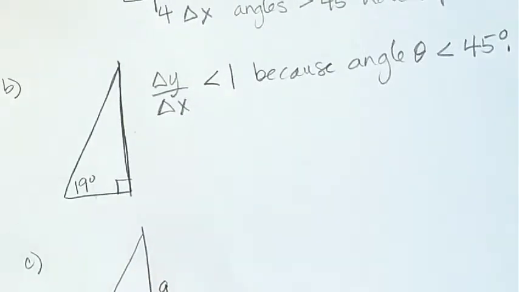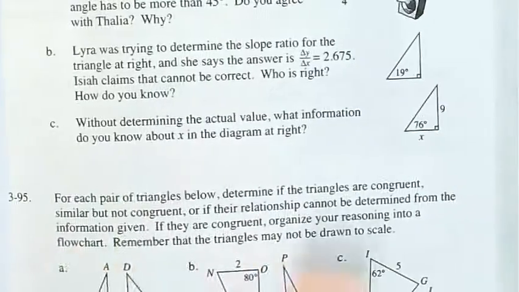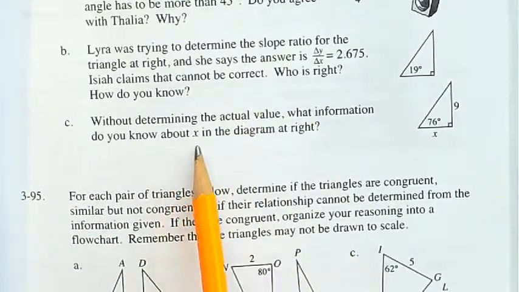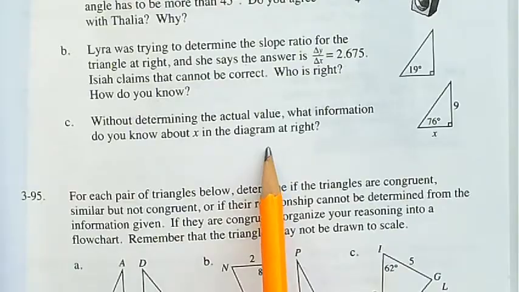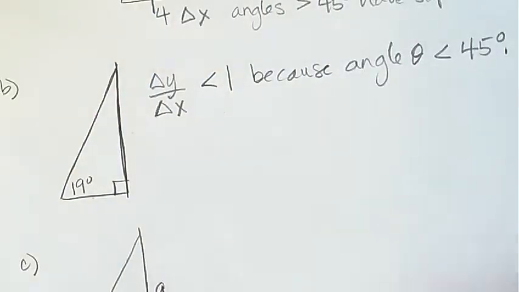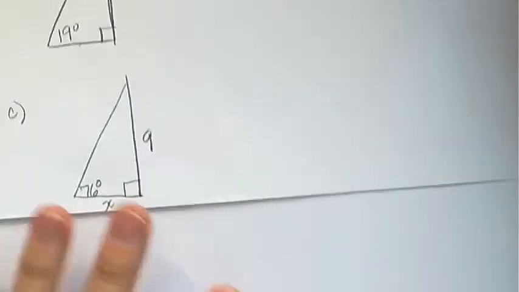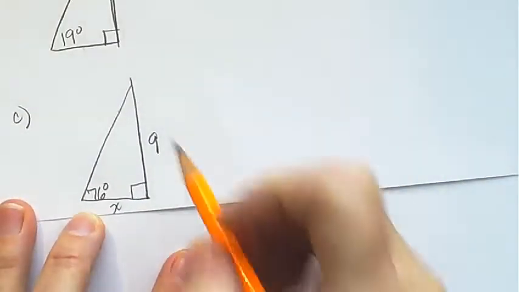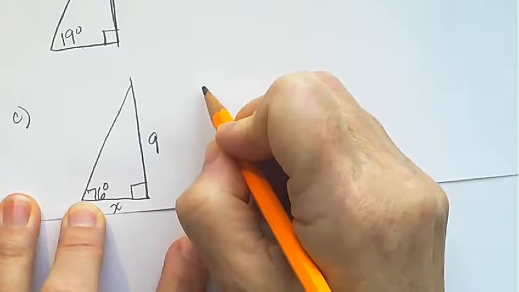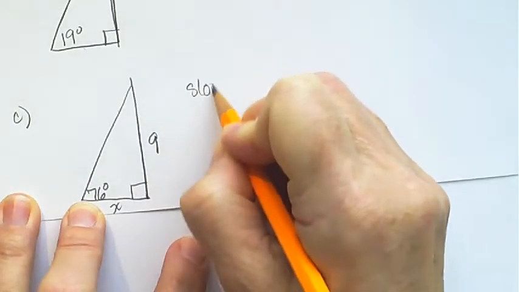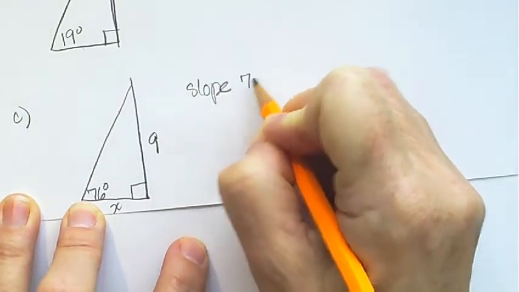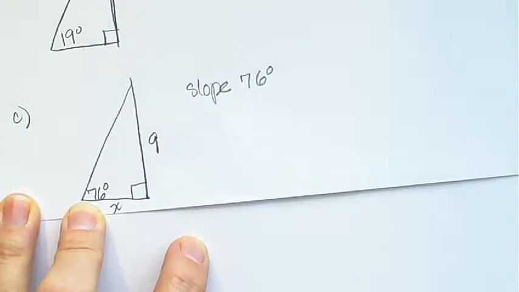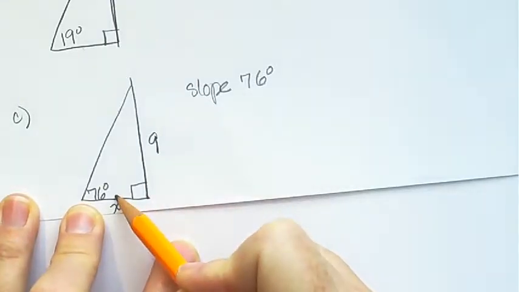Okay, part C, without determining the actual value, what information do you know about x in this diagram? Okay, so let's look at this. Go ahead and draw this triangle. I know that the slope for 76 degrees, I know it's greater than 1.